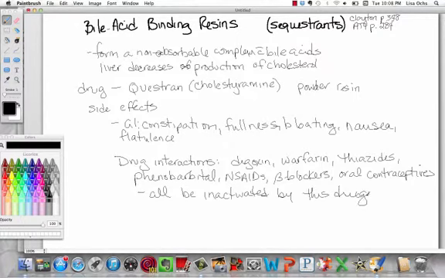So be very aware and make sure your patient knows when taking this drug that this is a concern.